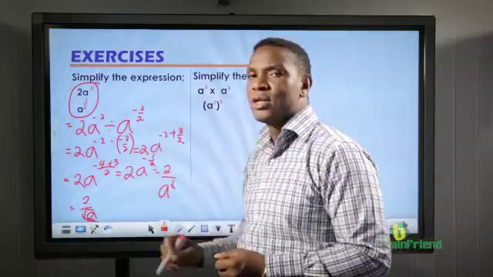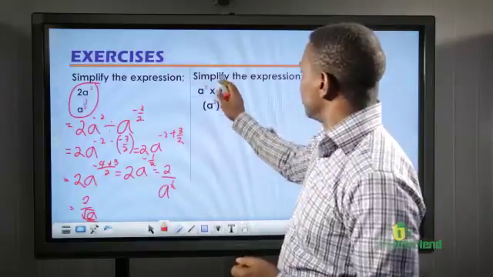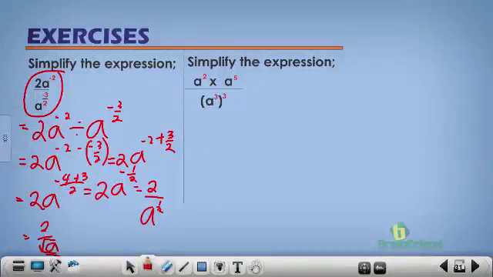Let's take a look at this other example here. Simplify a raised to power 2 times a raised to power 5 divided by a raised to power 3, all enclosed in bracket, raised to power 3. Quickly, we could write this out as a raised to power 2 times a raised to power 5 all over 3 times 3 here, which would give us a raised to power 9.